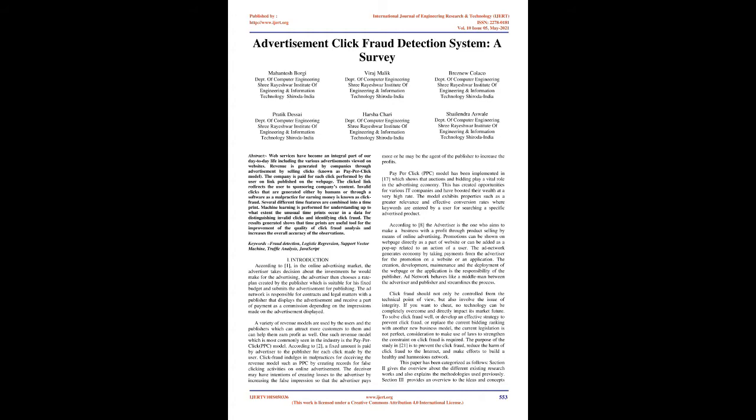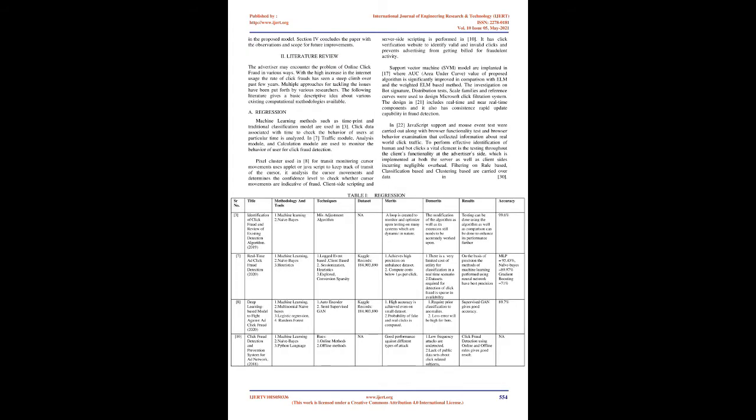The ad network is responsible for contracts and legal matters with a publisher that displays the advertisement and receives a part of payment as a commission depending on the impressions made on the advertisement displayed. A variety of revenue models are used by the users and the publishers which can attract more customers to them and can help them earn profit as well. One such revenue model which is most commonly seen in the industry is the pay-per-click, PPC, model.